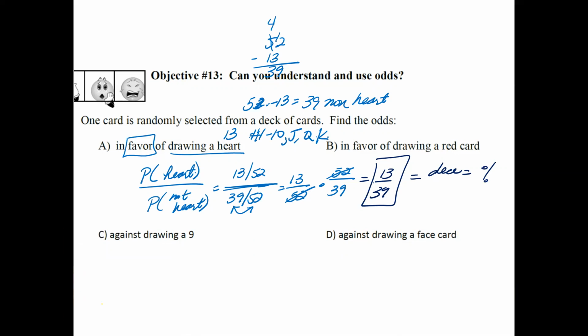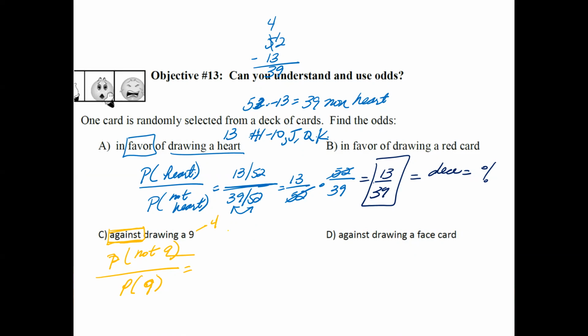Now the next one we have is kind of the opposite of that. Against drawing a 9. Against means that you're going to find the probability of not drawing a 9 divided by the probability of actually getting a 9. And if my pen would work, that would be great. So let's take a look at this. Against drawing a 9 means not getting a 9. Well, how many 9s are there in a deck of cards?